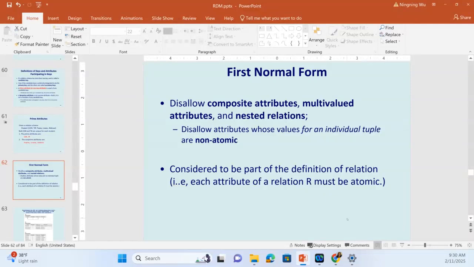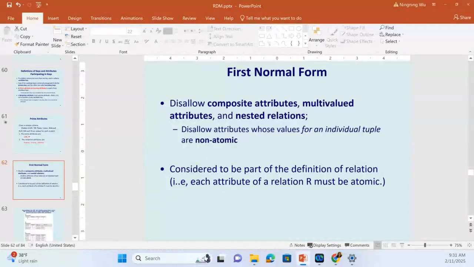In other words, composite attributes, multi-valued attributes, or nested relations will not satisfy atomic values. A composite attribute usually means that an attribute has several components.